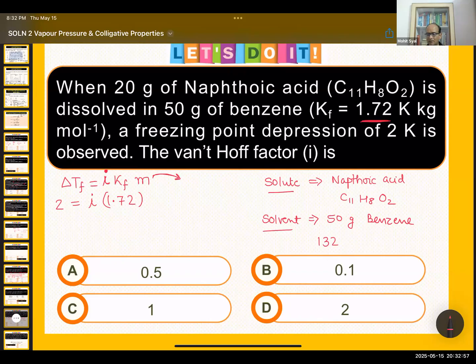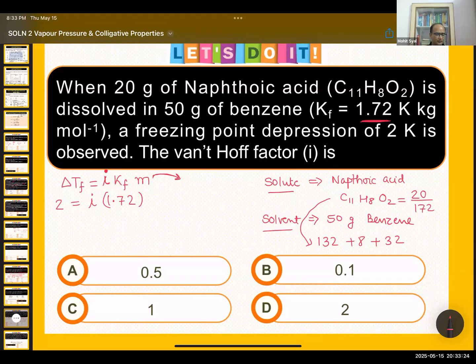I'm calculating the molar mass. Isha has shared the answer for moles, right? So how many moles? 20 grams we took, given mass by molar mass, 172.